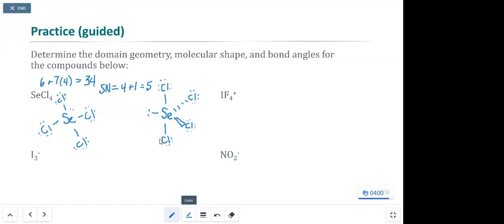And so here is my 3D shape for selenium tetrachloride.